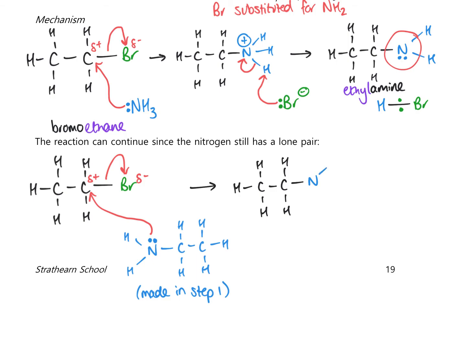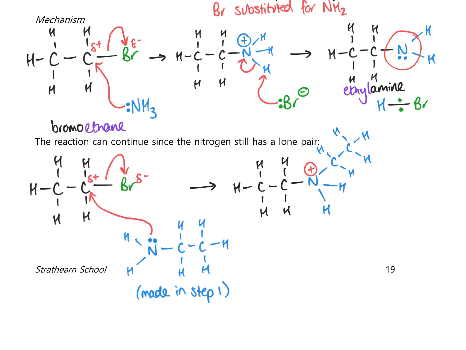So you can see there's an ethyl group as well. I'll just put that all in blue to show that it came from the ethylamine that we made in step one, and you can see it's also attached to two other hydrogen atoms. Again, the charge on our nitrogen is positive because it's essentially given away a share of its lone pair of electrons. It's lost an electron, which gives it a positive charge.